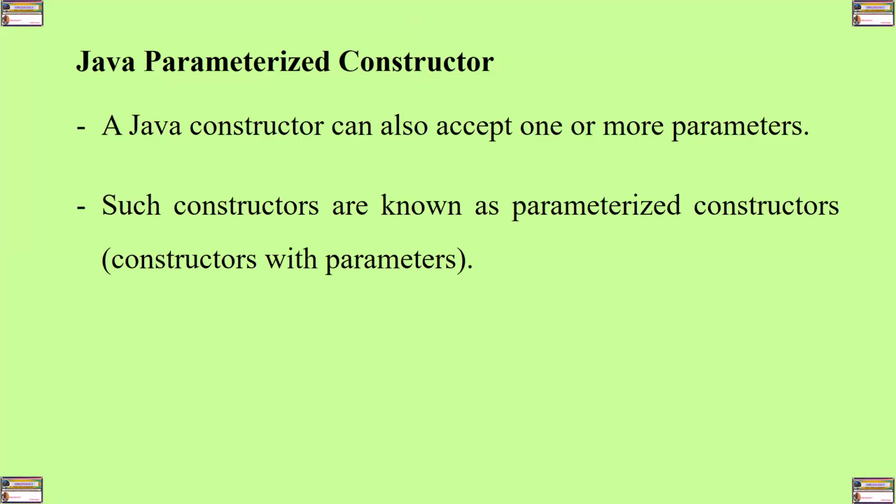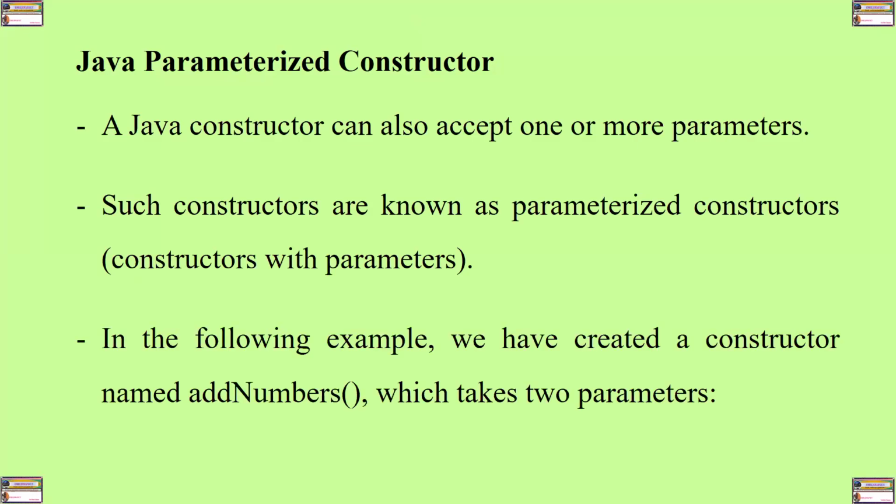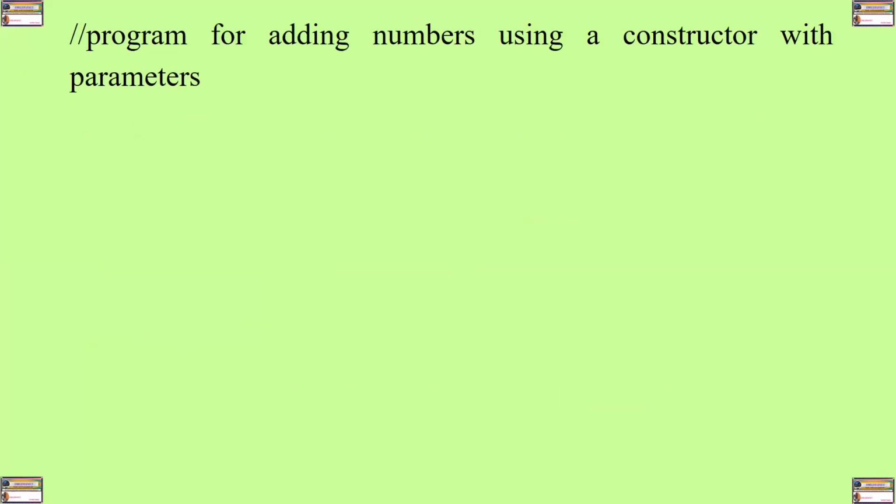Such constructors that are able to accept parameters are known as parameterized constructors or constructors with parameters. In the following example, we have created a constructor named AddNumbers, but it takes two parameters.